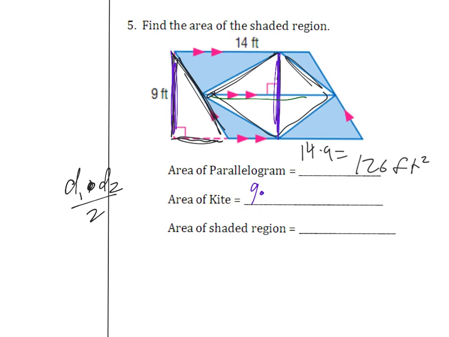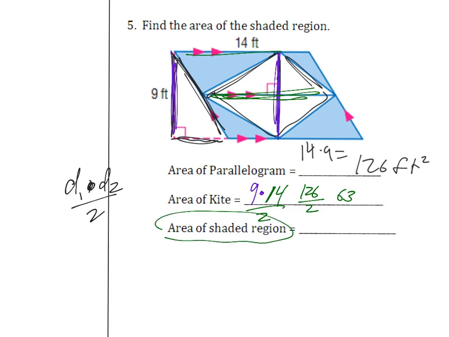The other horizontal diagonal here is going to be 14, and I'm going to divide those by 2. So 14 times 9 is 126. I'm going to divide that by 2, so that's going to give me 63. So the area of the shaded region, I actually want to subtract. So 126 minus 63, you should get 63 feet squared. That's going to be your answer.